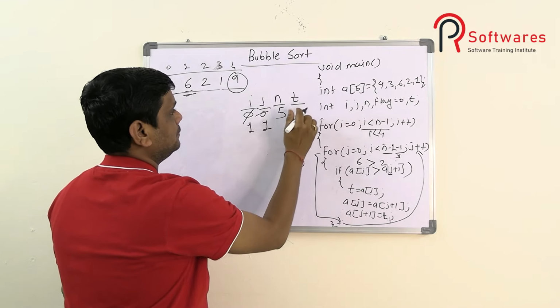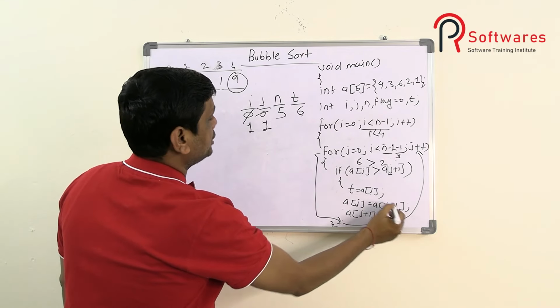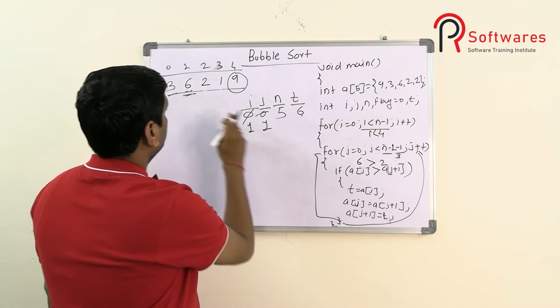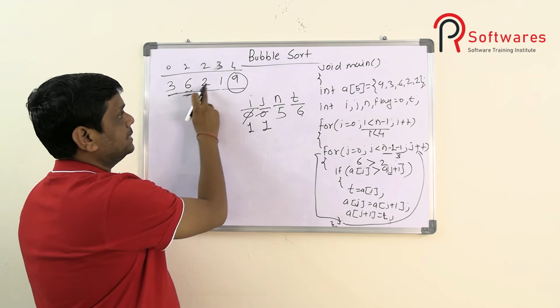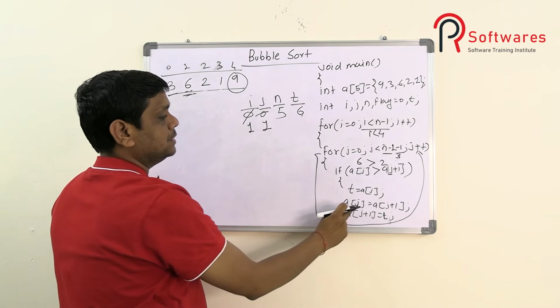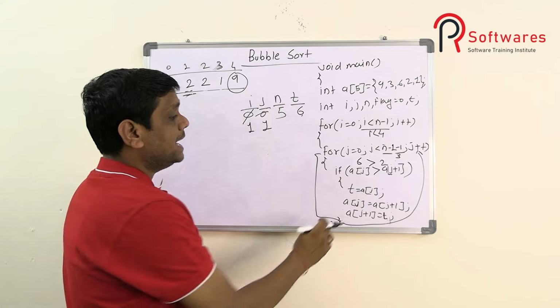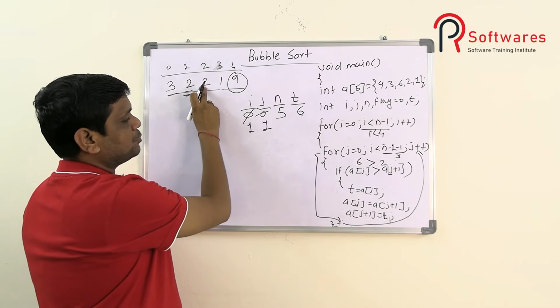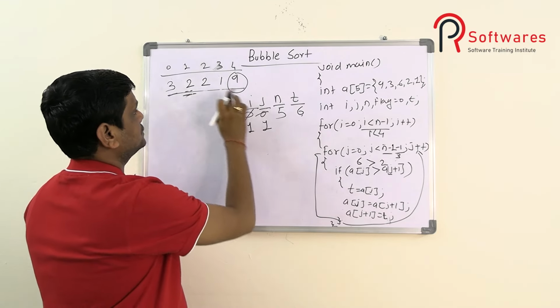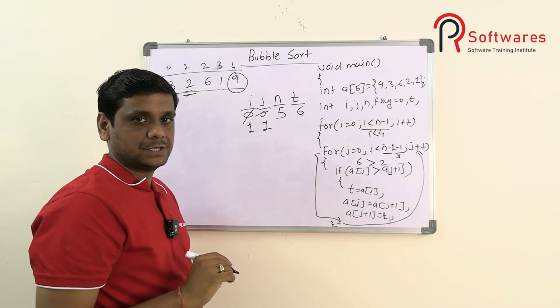That will go to the t value. Next, A of j is equal to A of j plus 1. Next value is 2. This value will get assigned to where? A of j position. So this value will come here. And then A of j plus 1, this position will be assigned t. What is the t value? 6. Simply interchange the values. Don't get confused.